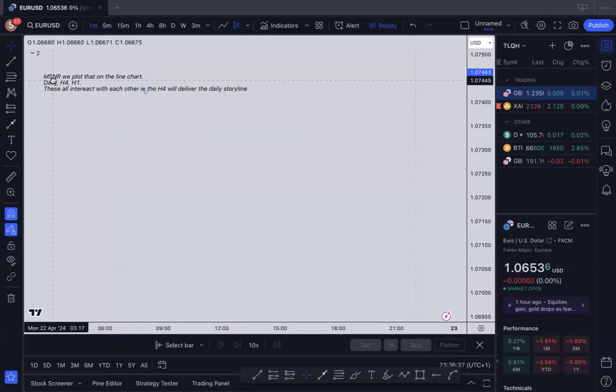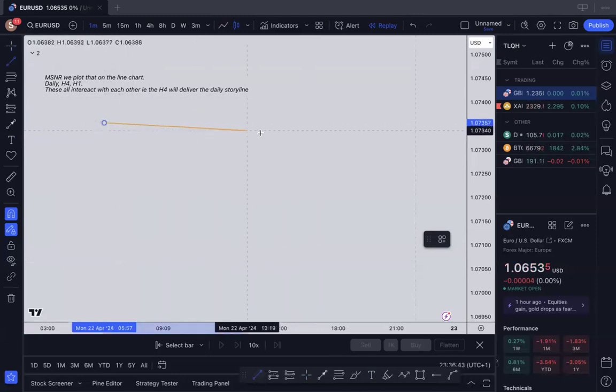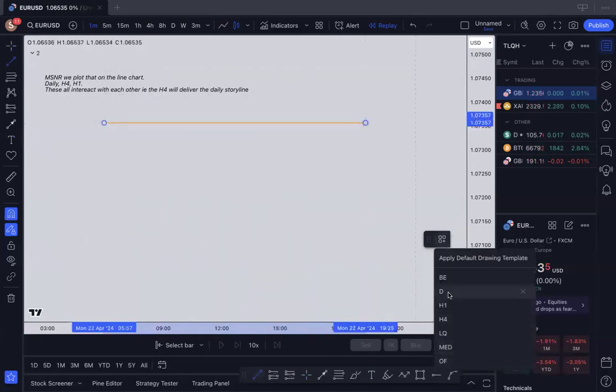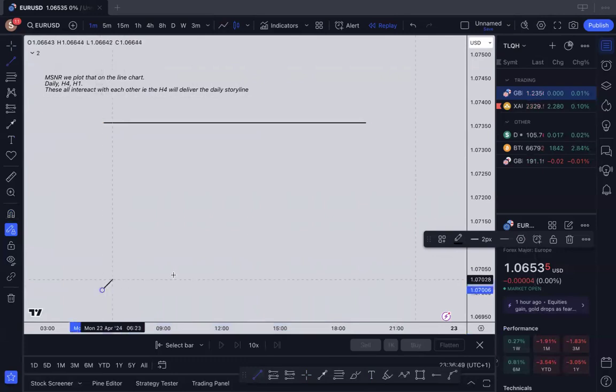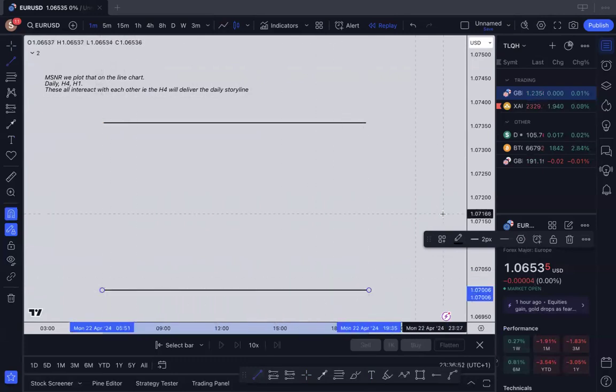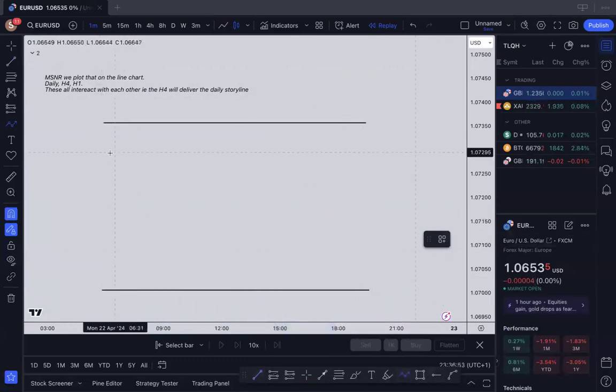Obviously, we've got our daily levels. So say, for example, we have a daily level up here, and say we have a daily level down here. Let's just say the normal levels. We're going to go on to the type of levels very shortly.